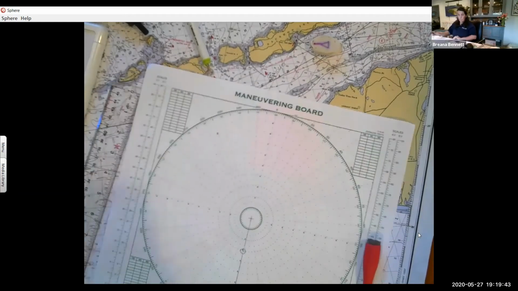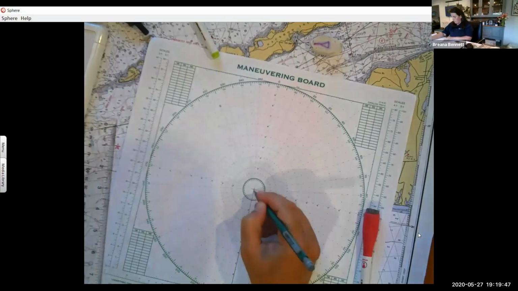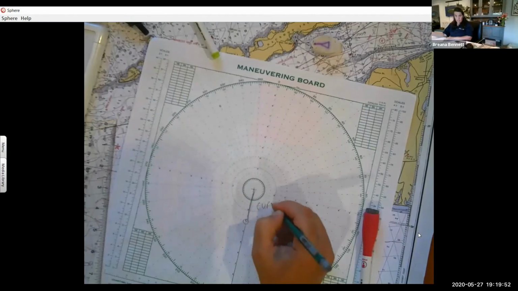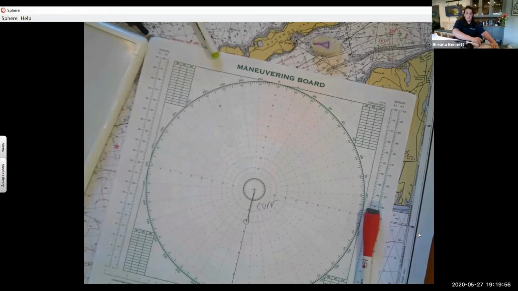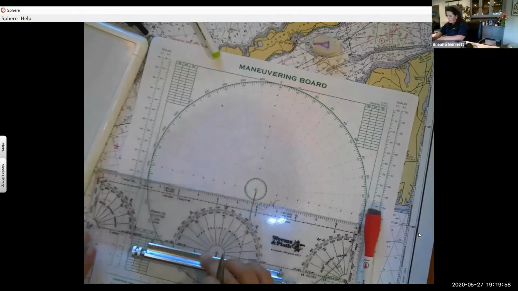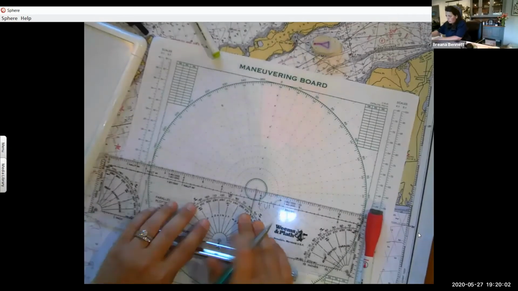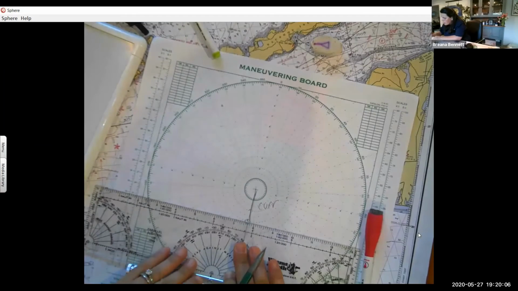Our next line goes from that point, right? So this line here is our current line. Our next line is the boat line at 270. We're going to 270, but it's going from that point that we just drew.